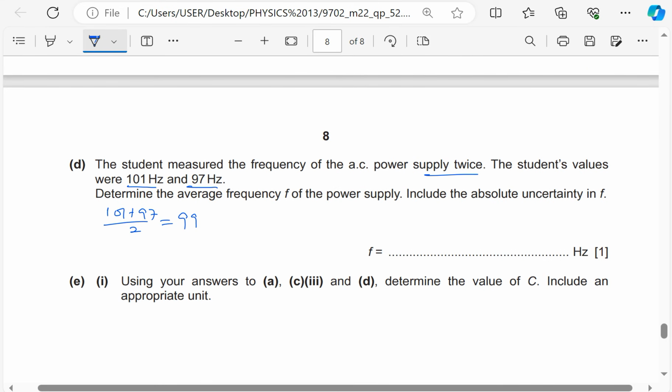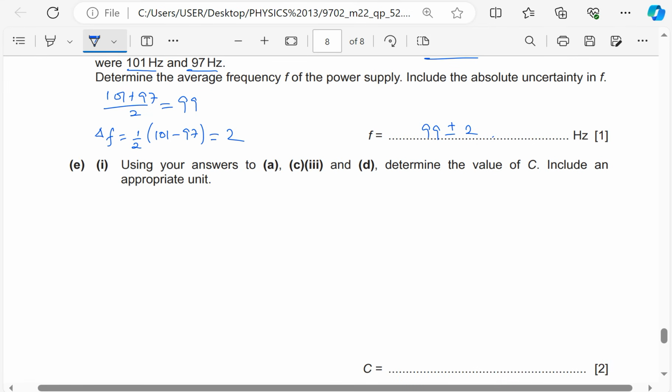Then the uncertainty is going to be half of the range, because they have repeated twice. So half of 101 minus 97, which is 4 divided by 2, which is 2. So F is going to be 99 plus or minus 2.